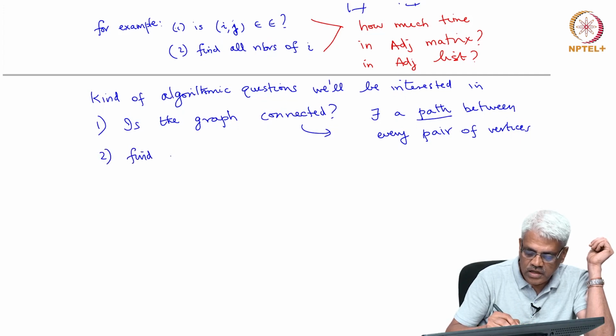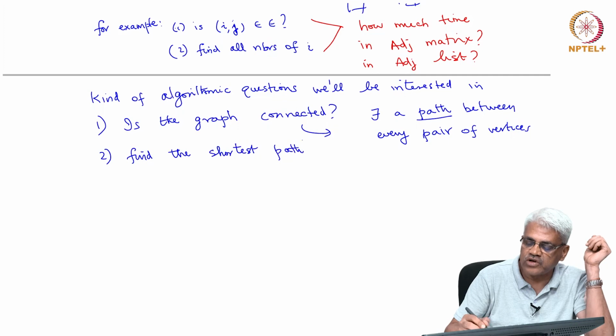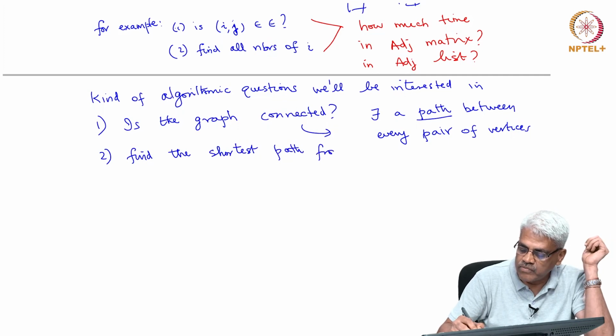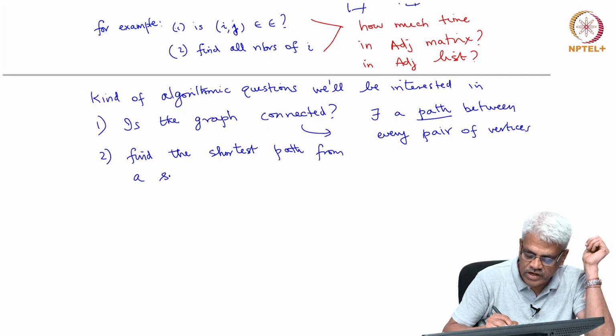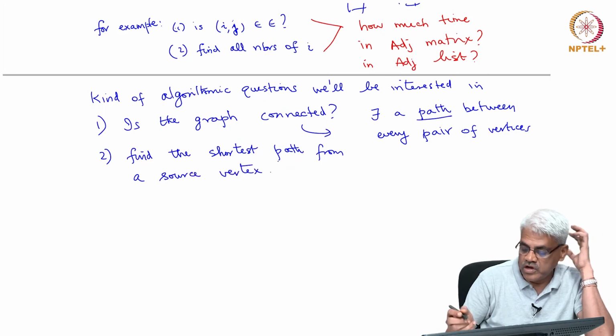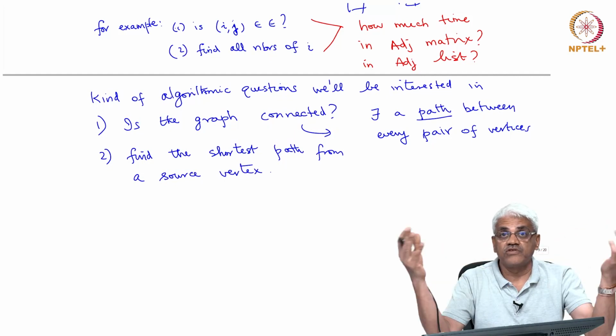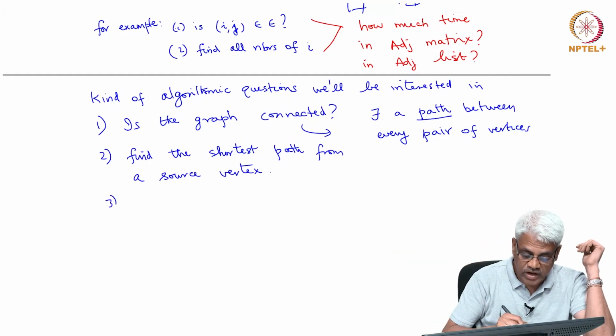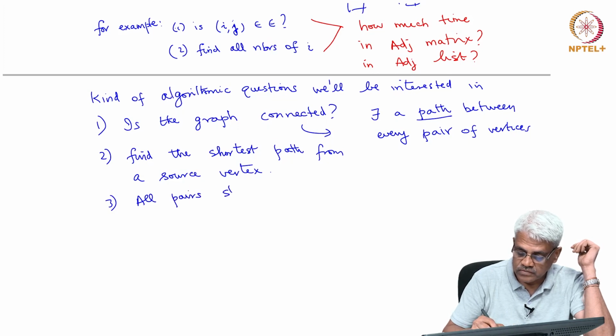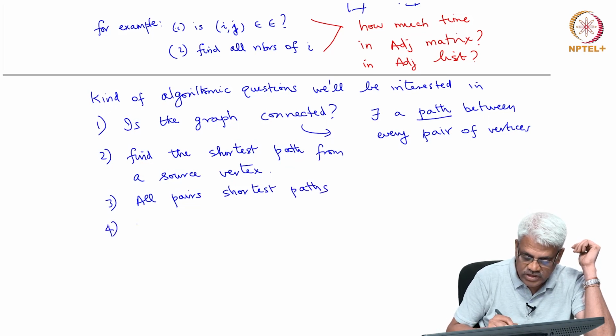Find the shortest path. If it's a shortest path, then an edge is the shortest path. But from a source vertex, I tell you one specific vertex in the graph, and I want you to give me the shortest path from S to every vertex. Maybe I want to find all pairs shortest paths. Maybe shortest cycle.